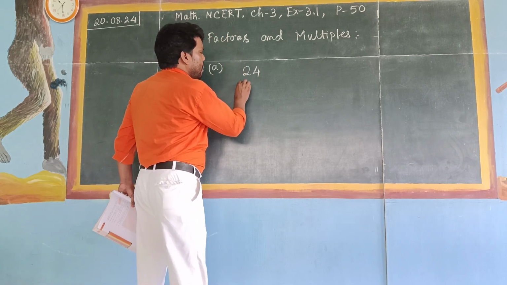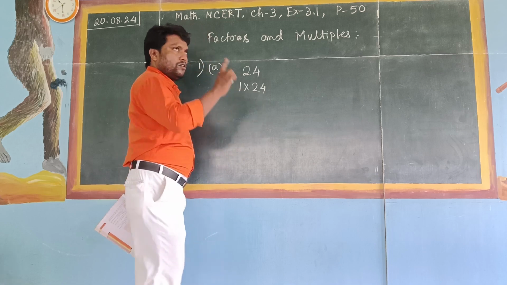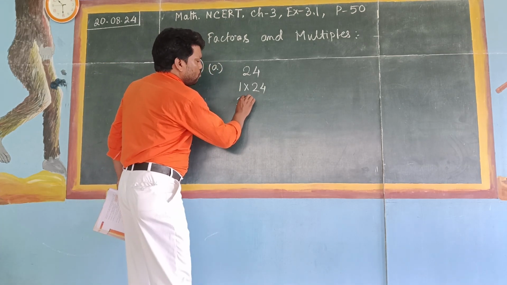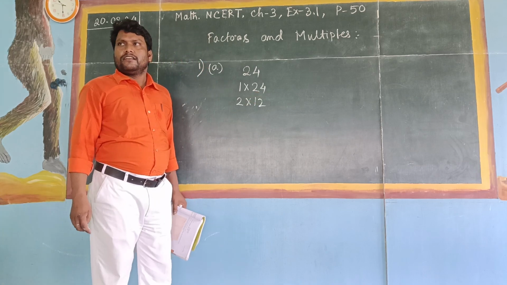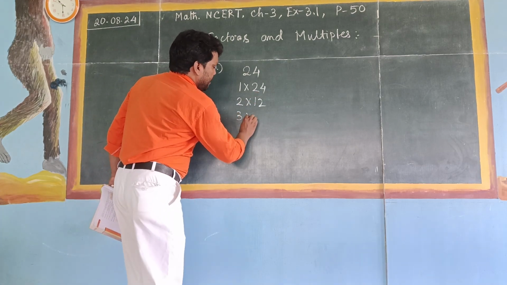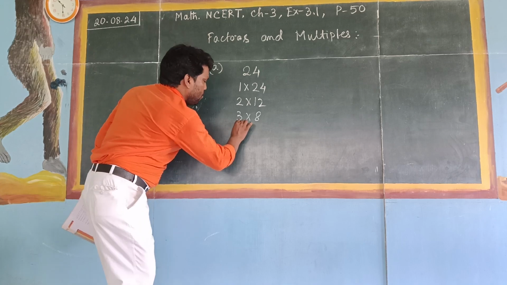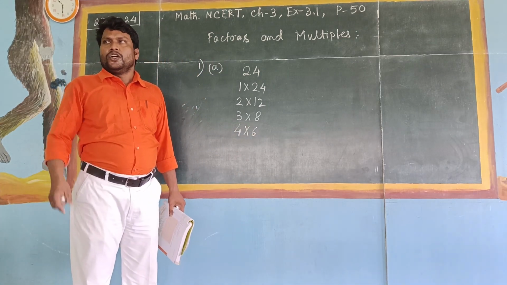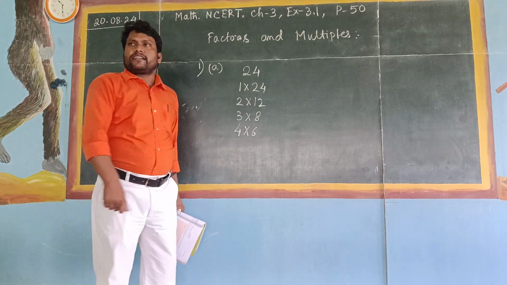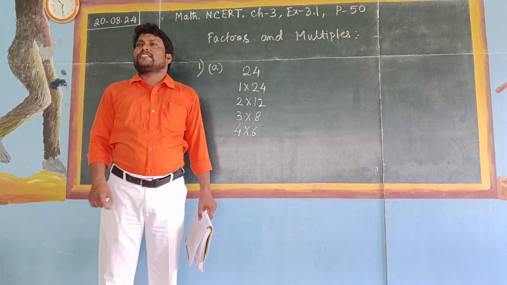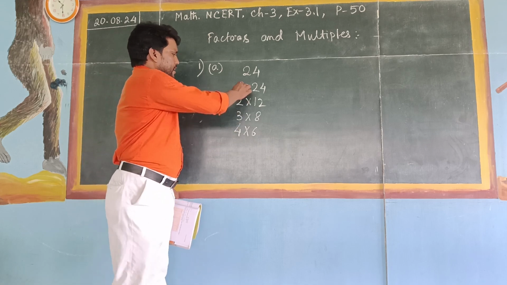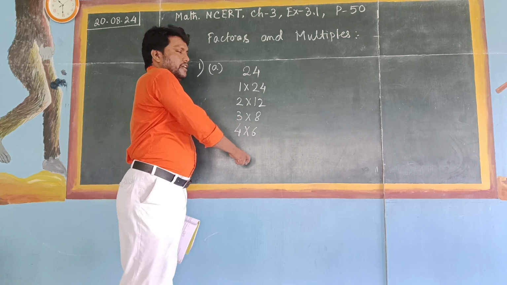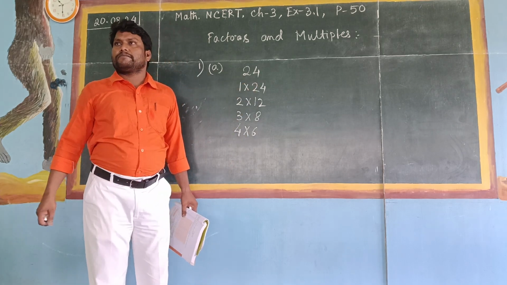Suppose 1 into 24, that means 24 ones are 24. Then 2 12s are, then 3 8s are, then 4 6s are. That is the process. No factors will be skipped. Every factor will appear. You can find them easily if you go through this process.